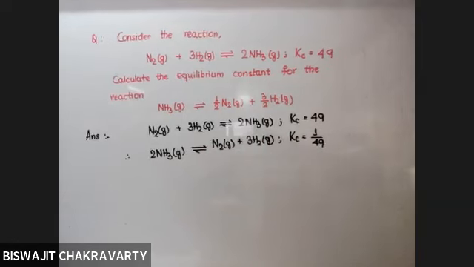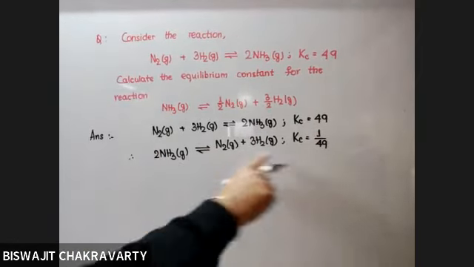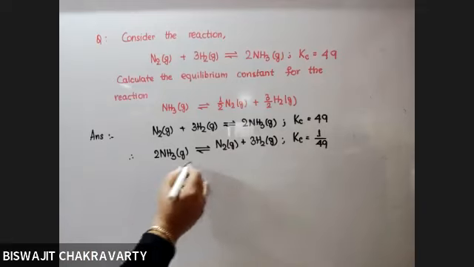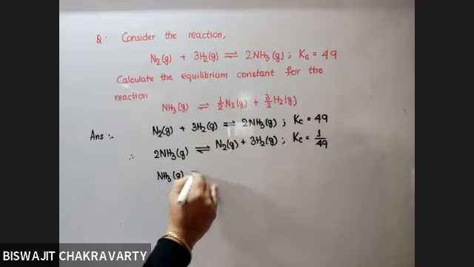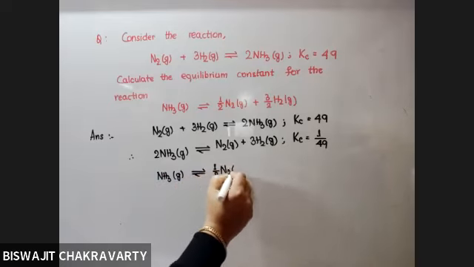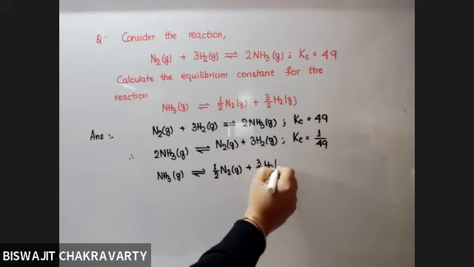Yes, sir. Okay. Now, in order to get this, I have to multiply the whole of equation with half. So multiplying with half, we will get NH3, half of N2, 3/2 of H2.